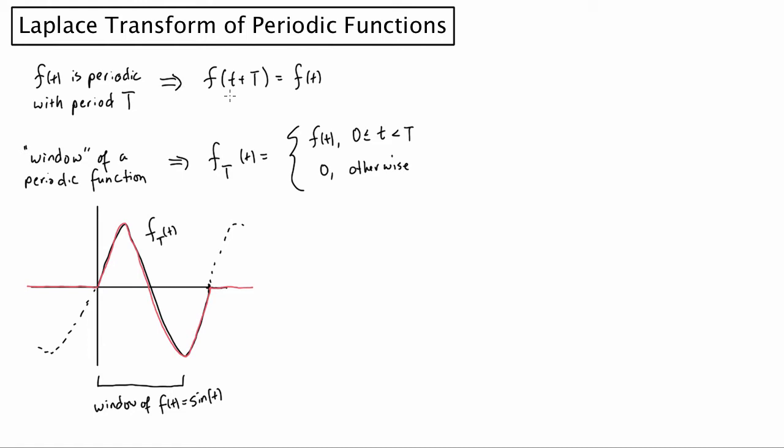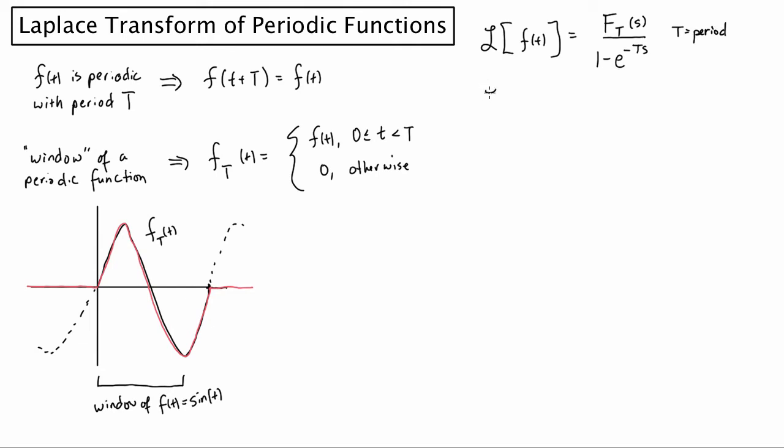Now, it turns out that if you have a function f of t with period T, then its Laplace transform can be found quite remarkably simply by taking the Laplace transform of its window and dividing by the quantity 1 minus e to the minus Ts, where T is equal to the period of the function.